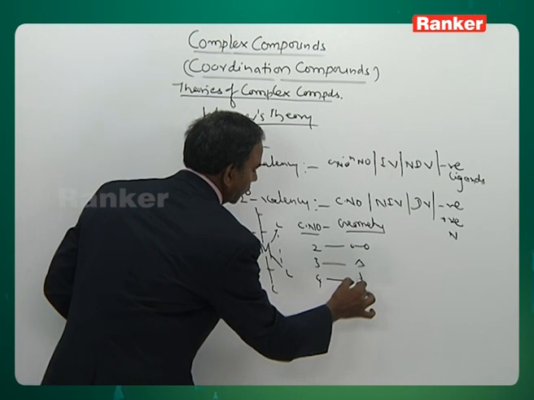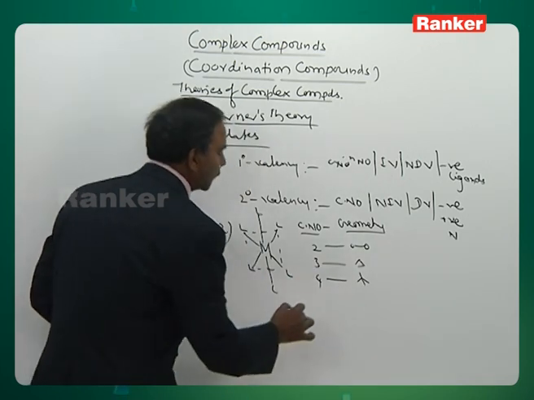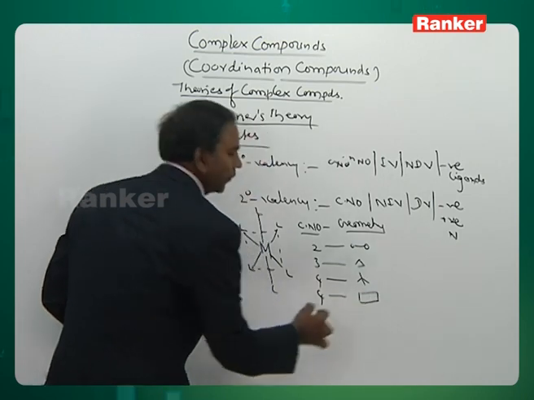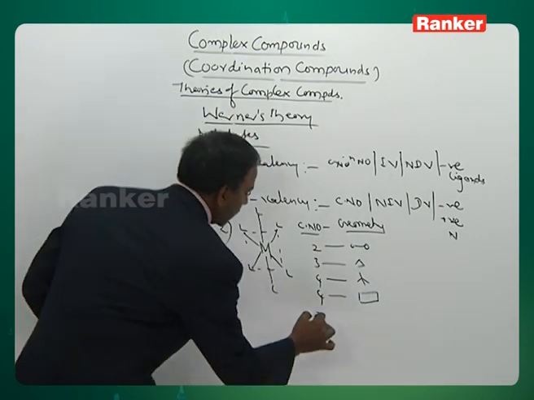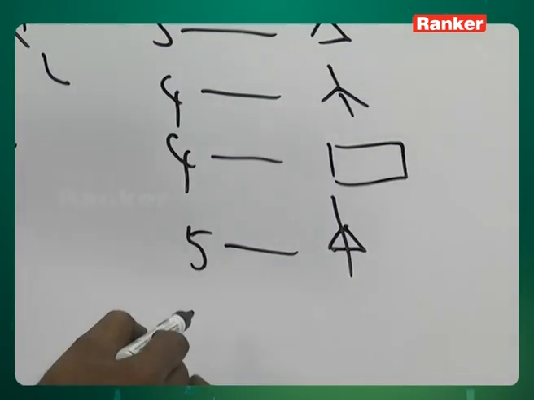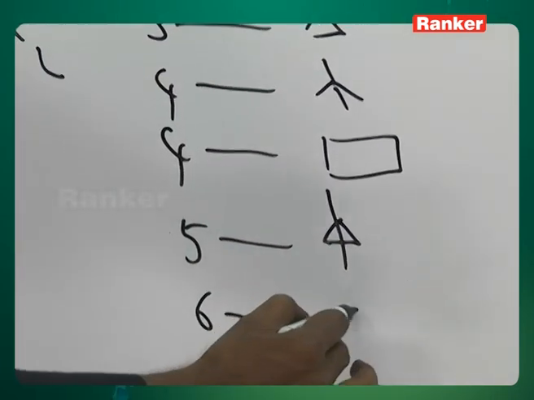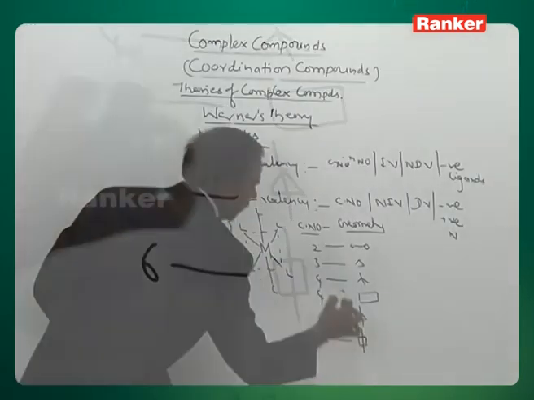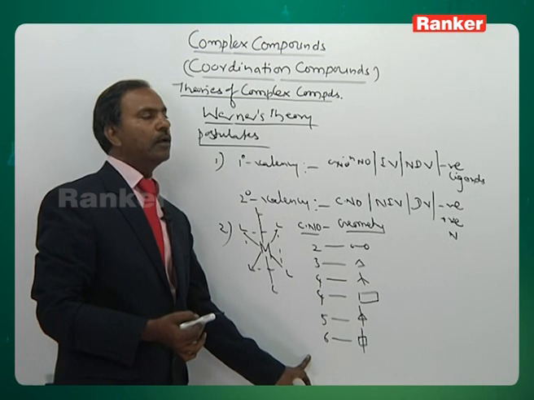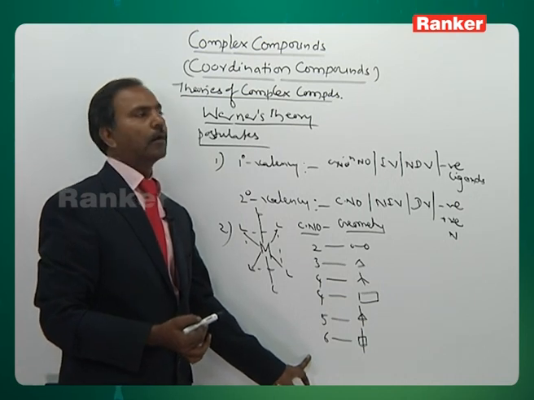Coordination number 4, tetrahedral, or another choice, square planar. Coordination number 5, trigonal bipyramidal. Coordination number 6, octahedral. In this way, based on the coordination number, we can say the geometry of the complex.